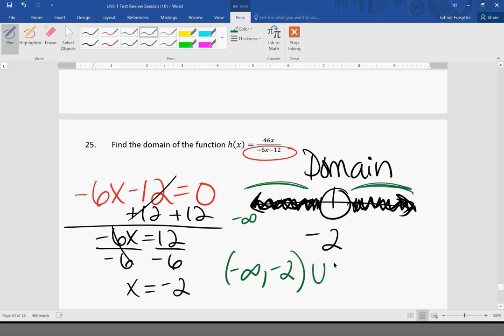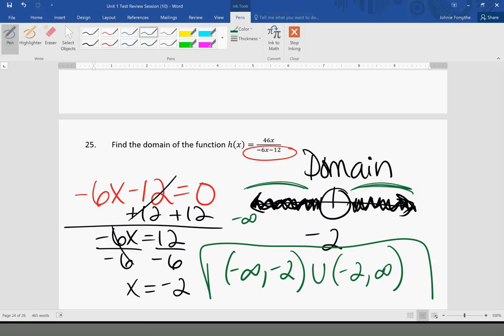The next interval starts at negative 2 with a parenthesis and goes all the way to infinity. So this would be your domain in interval notation. So you have to find out what value to exclude from your domain so you can figure out what the domain would be.